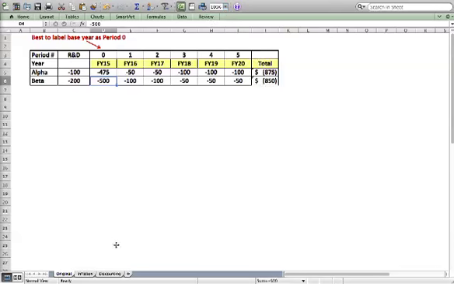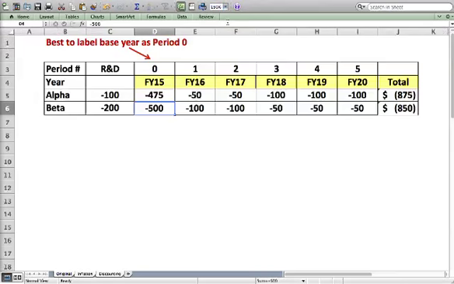Let me actually zoom in on these. This is the data I gave you for the FY 15, 16, 17, 18, 19, 20 costs. It's in negatives because, again, it's all costs, and so we're trying to minimize the negative here.